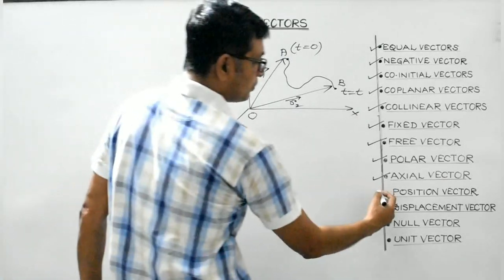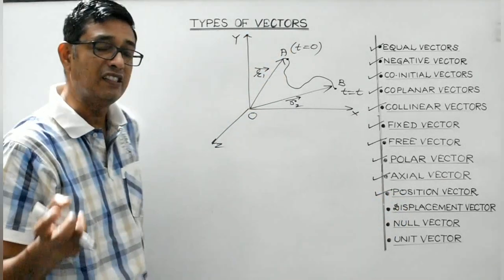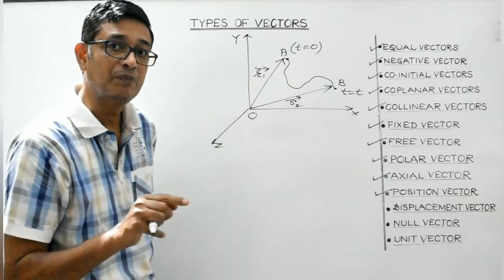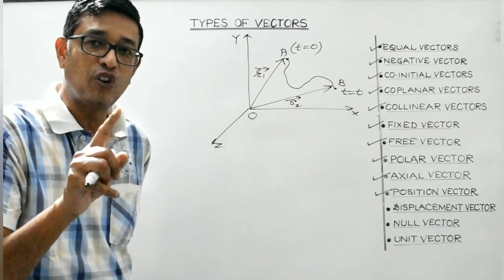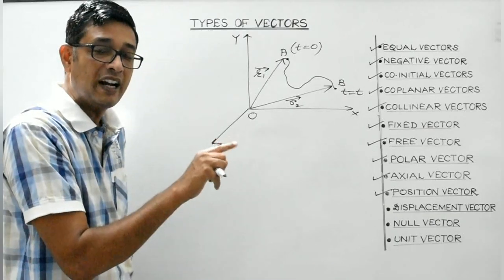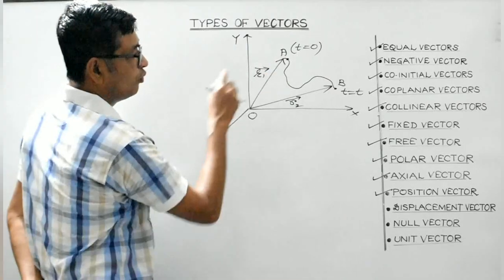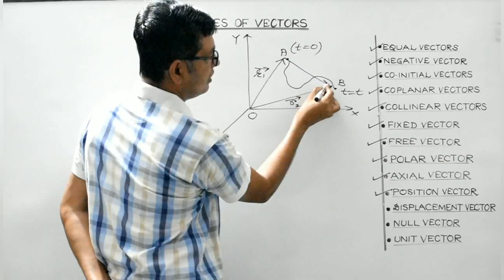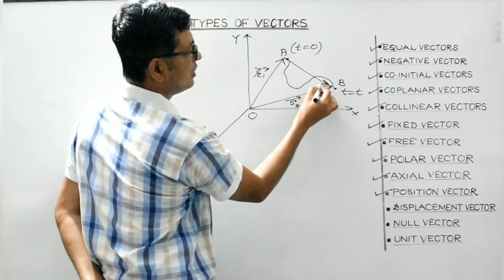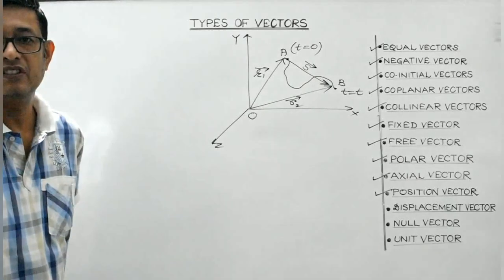Okay, then displacement vector. Displacement, as we are aware, is the distance in a particular direction. And displacement vector is a vector whose tail must coincide with the initial position and arrowhead must coincide with the final position. So here, what would be the displacement vector? It would be given by drawing a straight line AB, this represents displacement vector. S vector represents displacement vector.